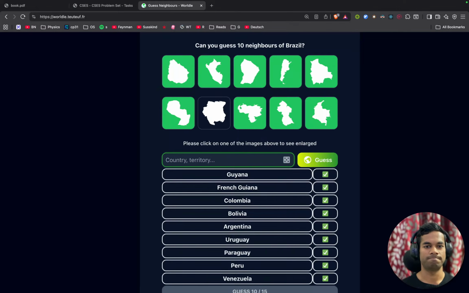Shit. In the top right, in the northeast of Brazil, this country, I cannot remember its name.